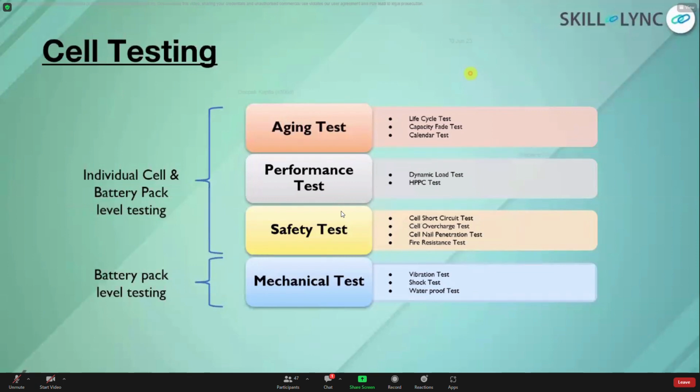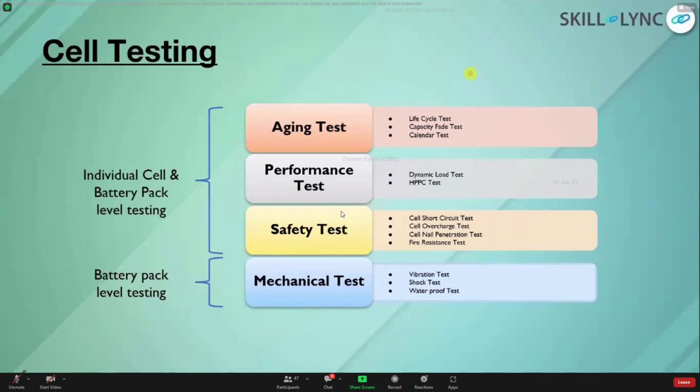We need to also make sure that the mechanical structure we are building for the battery pack is tested properly, because we already know that the mechanical structure plays a very important role in the battery pack design. If it is punctured or anything like that, then it is going to be a very big difficult issue in order to mitigate the fire which is going to take place in the battery pack.